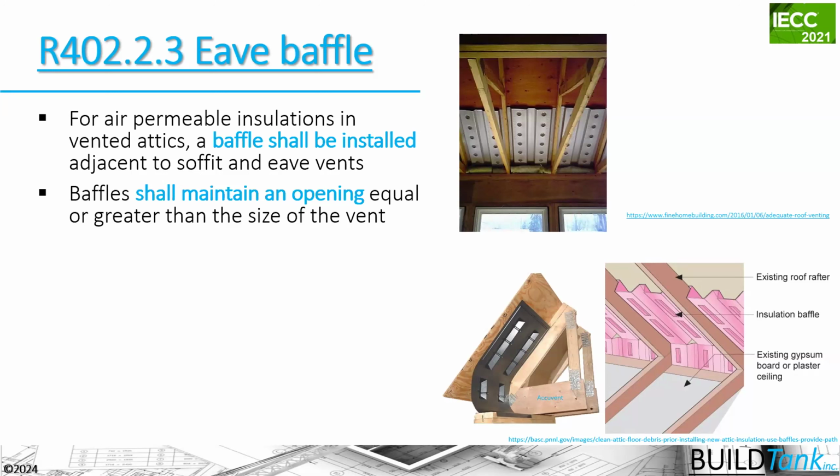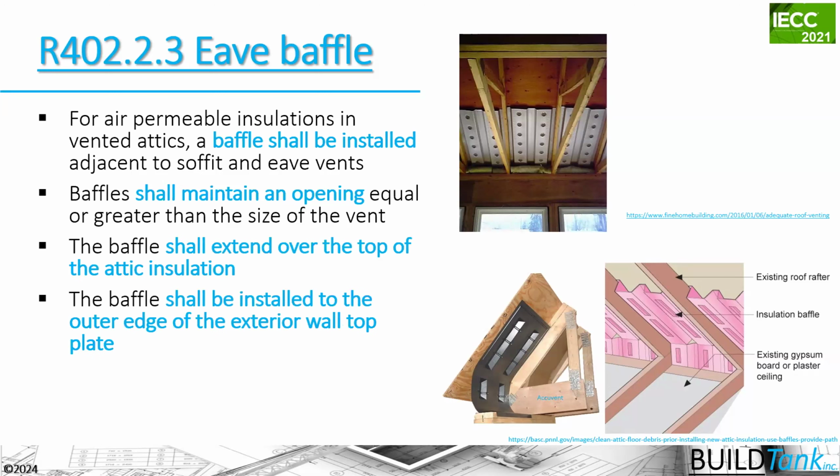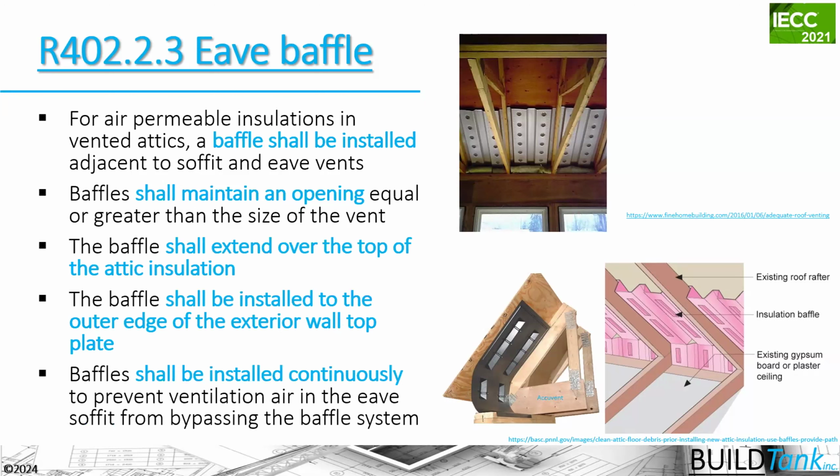Now I bring this up because the attic eave baffle is crucial in the performance of an air permeable insulation in an attic. We're trying to ensure that the ventilation air doesn't drop into the attic insulation, doesn't cut into it and affect those stagnant pockets of air that the insulation is trying to trap.